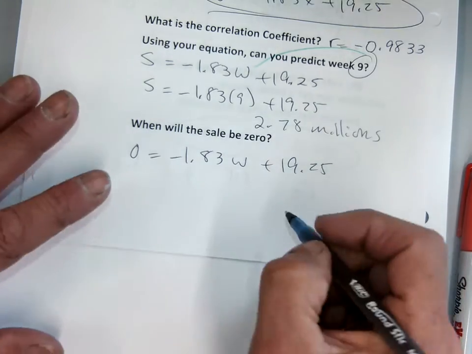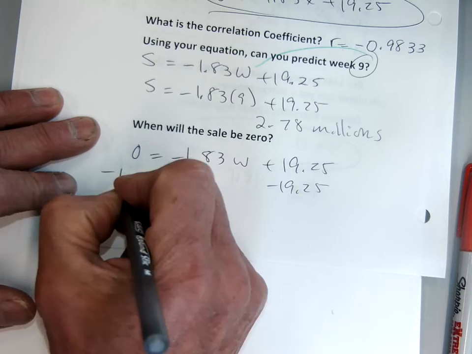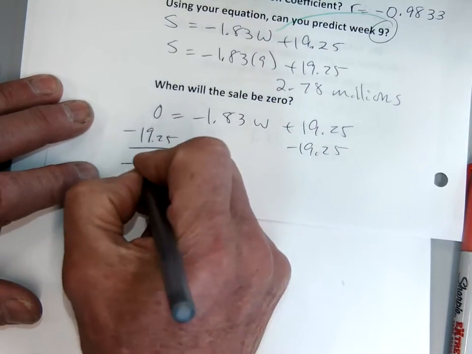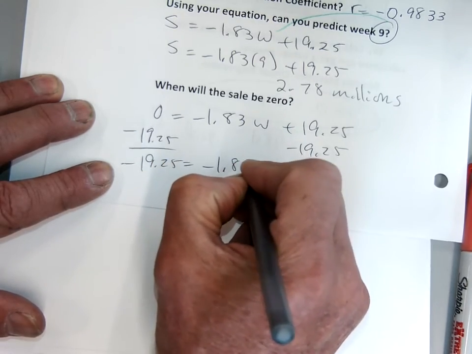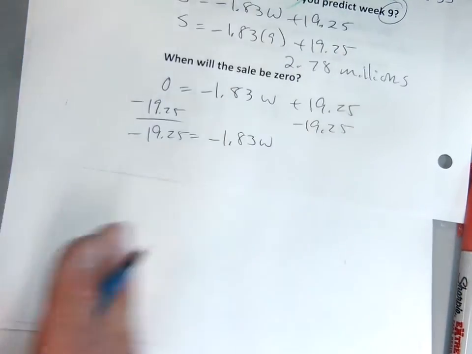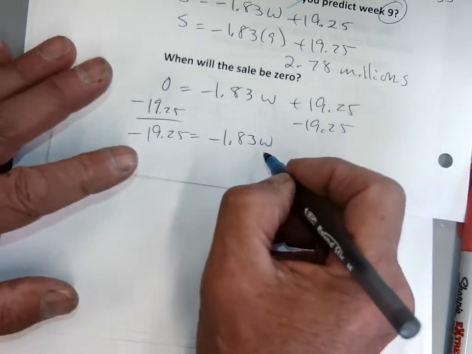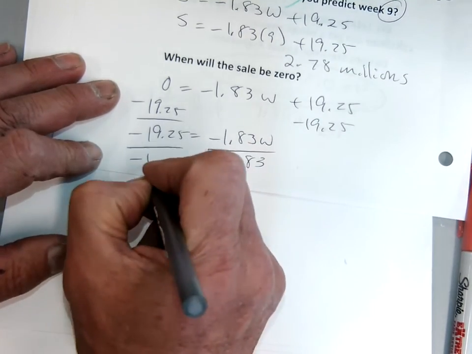At what point do you say J-Lo? So let's solve. Minus 19.25 minus 19.25, right? I'm just going to solve. Negative 19.25 equals a negative 1.83 W, right? And then I'll divide by a negative 1.83, divide by a negative 1.83.